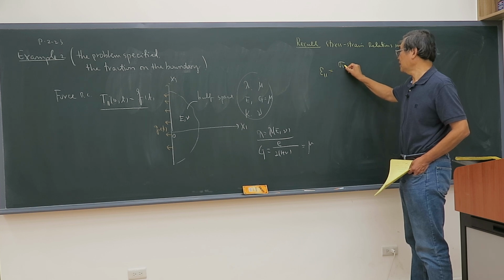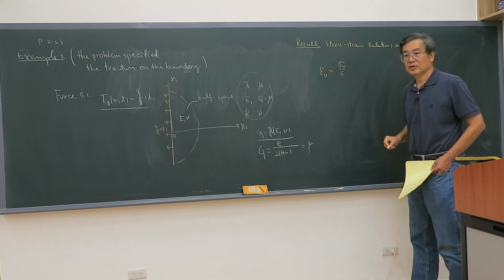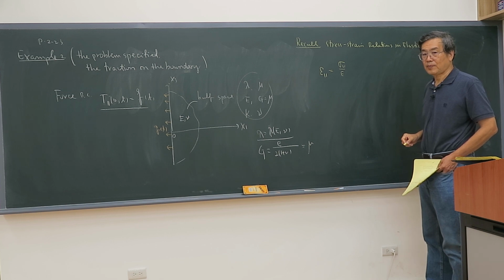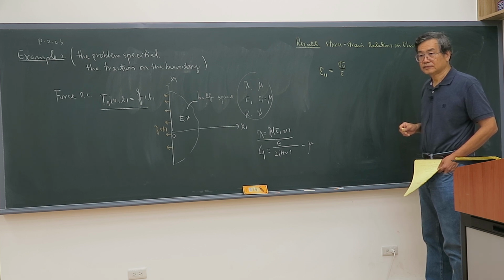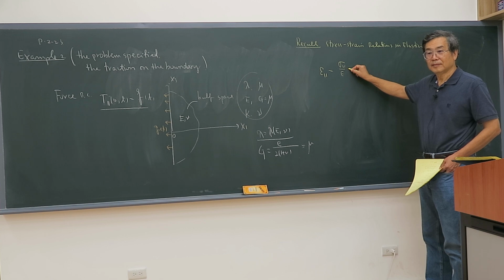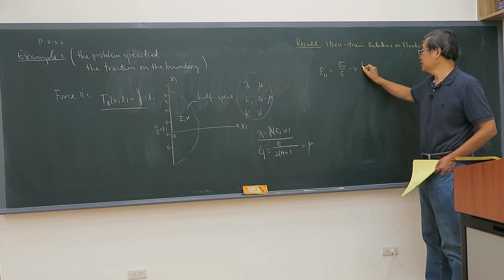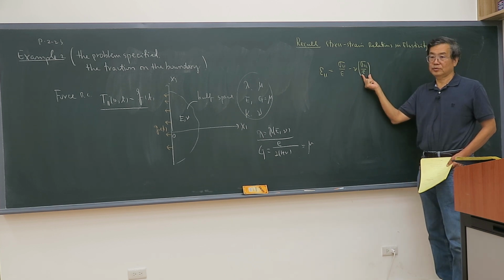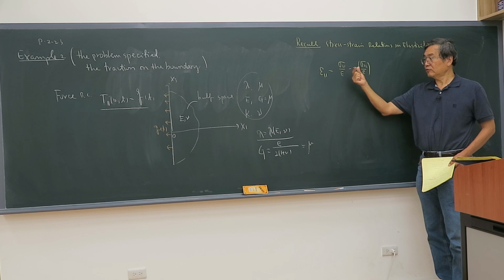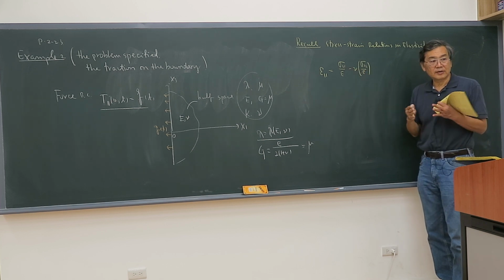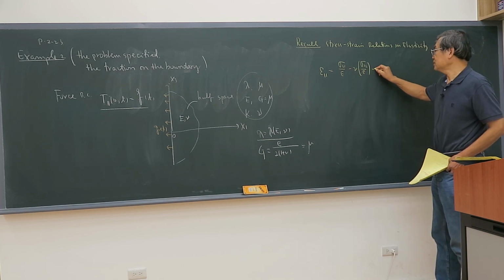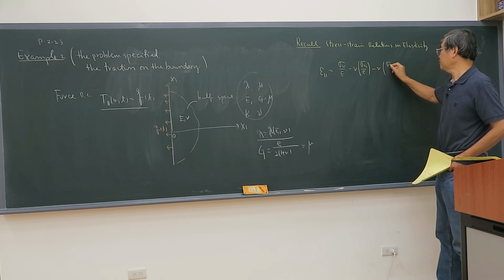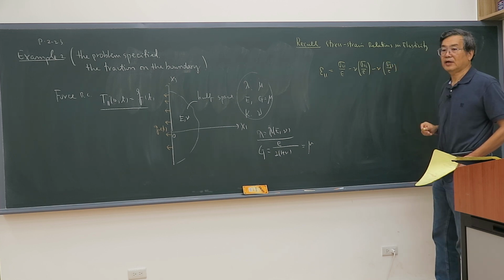Sigma 11 over Young's modulus. And what about the Poisson effect, minus or plus? Minus, right? The strain due to sigma 22 and the Poisson effect will shrink in the other direction. And minus the effect from sigma 33 over E, all right?